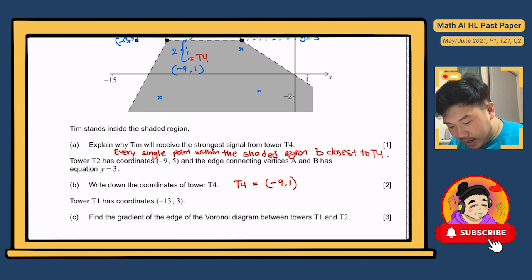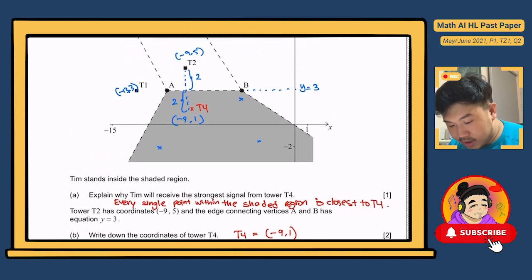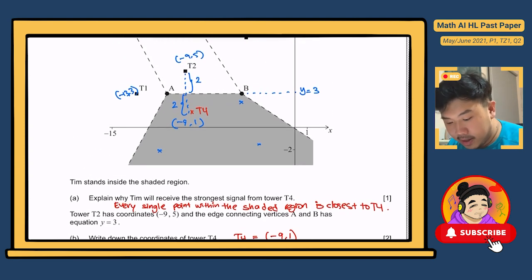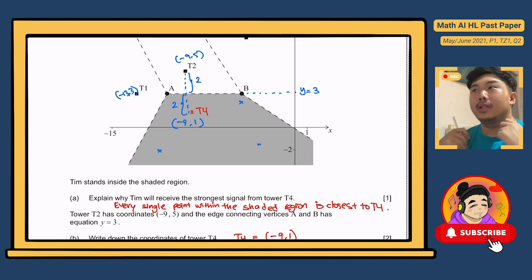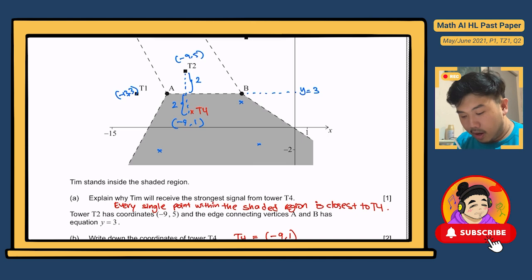Find the gradient of the edge of the Voronoi diagram between towers T1 and T2. Now, we can use the same principle. The edge line that separates T1 and T2 is supposed to be the perfect mirror between the two of them. But we don't really have to do that here.